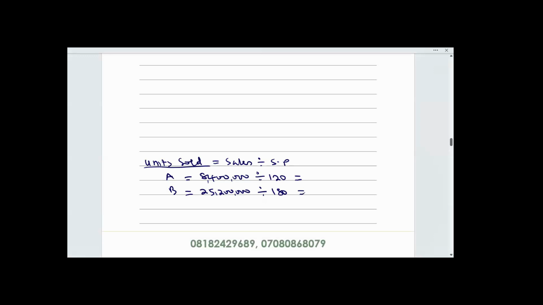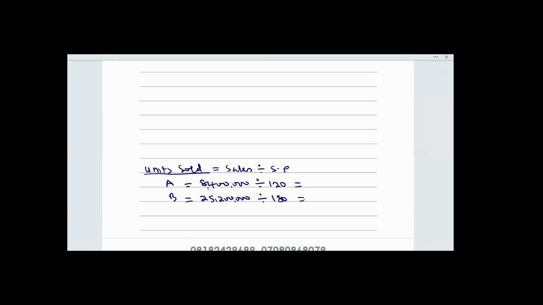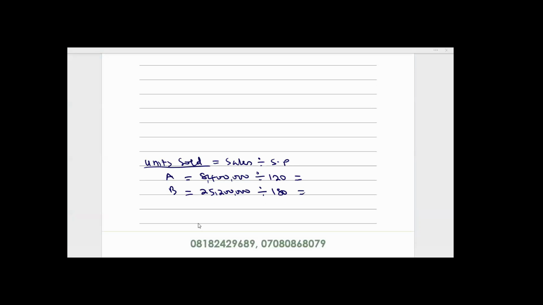So what do you have there? 140,000 units. For A, it is 70,000. Then for B, 140,000 units.